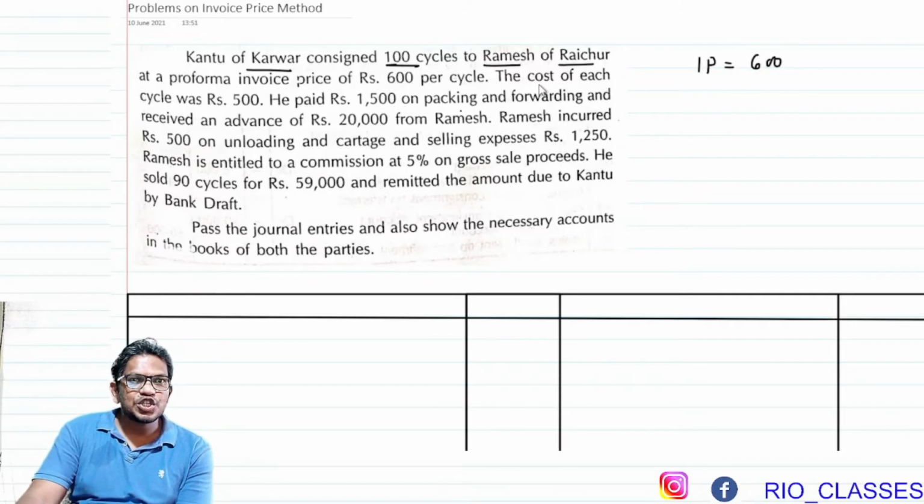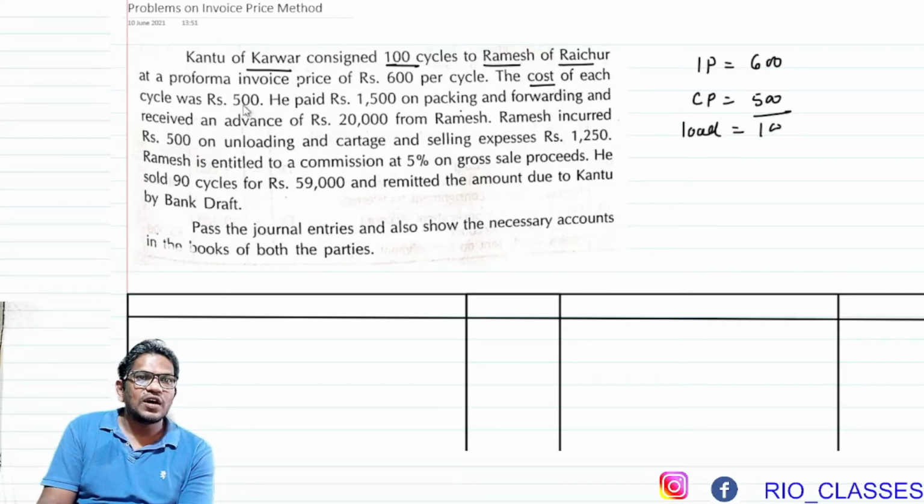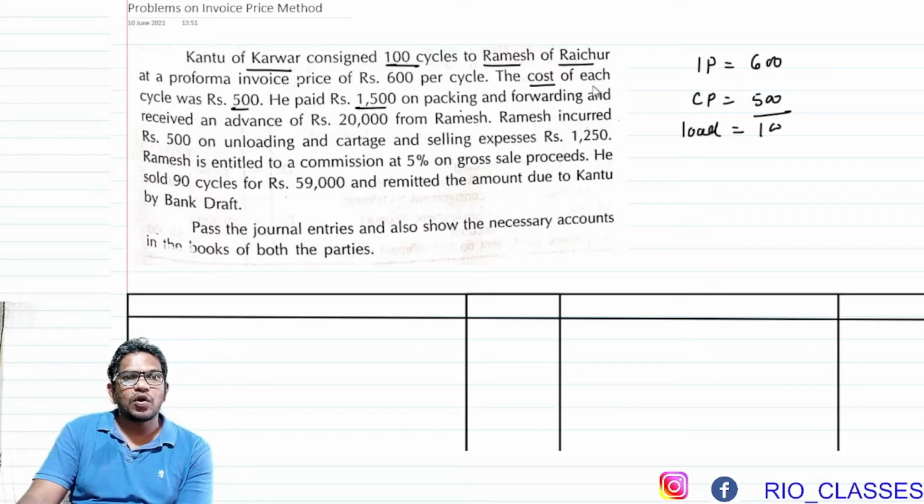The cost price of each cycle was 500. So tell me, what is the loading? Loading will be 100, because the given cost of each cycle was 500. He paid non-recurring expenses of 1,500 for packing and forwarding.